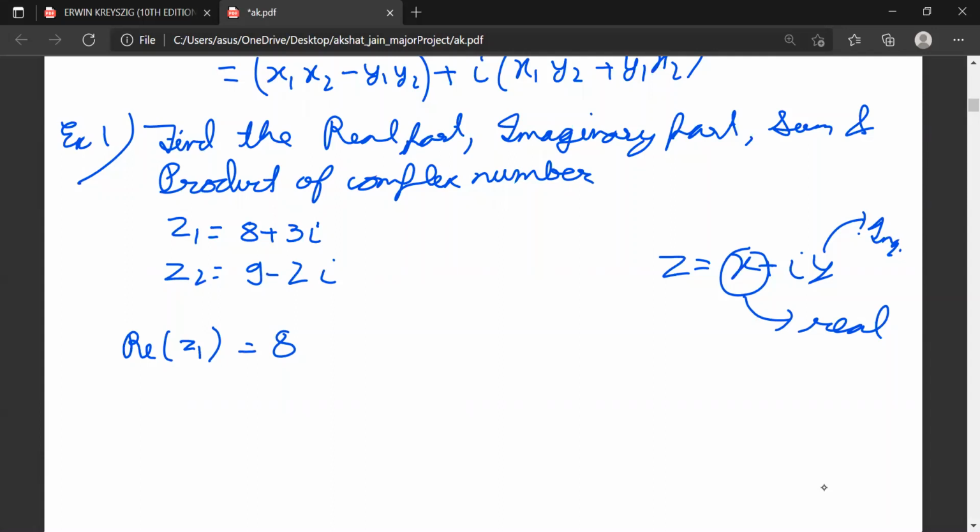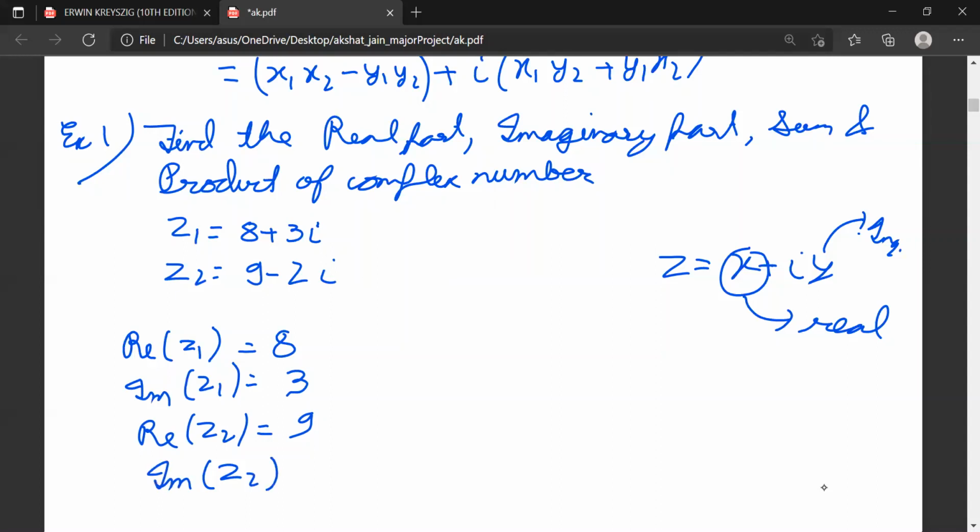So the real part will be 8 and the imaginary part of z1 will be 3. Same, the real part of z2 will be 9 and the imaginary part of z2 will be -2.